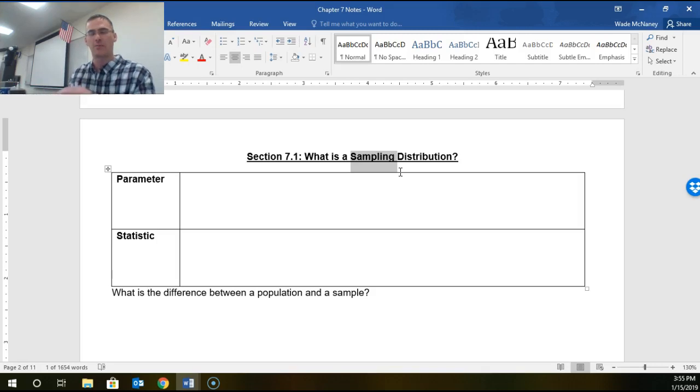The average ACT from classroom 1, the average ACT from classroom 2, the average ACT from classroom 3. Then you plot all of those averages. That is a sampling distribution. So a sampling distribution graphs a collection of statistics. Not a collection of individual values, but a collection of statistics.